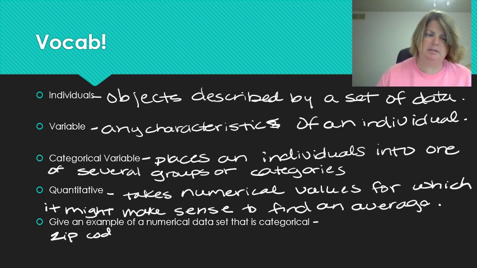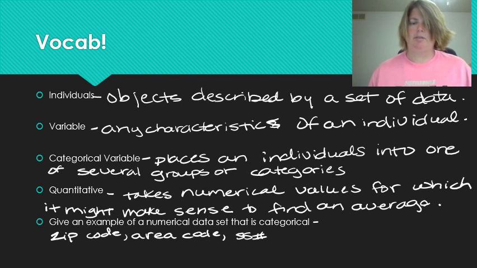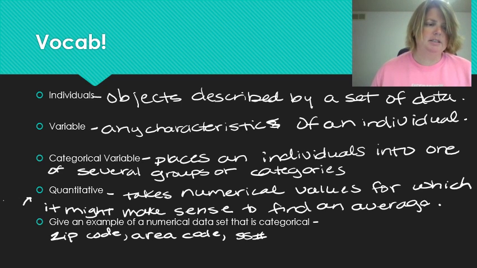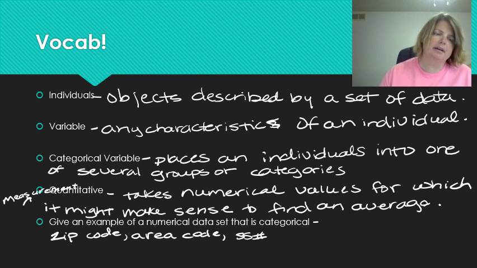It wouldn't make sense to find the mean zip code, or an area code, right? Another example would be like Social Security number, right? Once again, it wouldn't make sense to have a mean Social Security number. So usually what I think of quantitative is typically it's a measurement, and it almost always will have units with it. So think of quantitative as measurable data, like meters per second, time, length, distance, all those things.